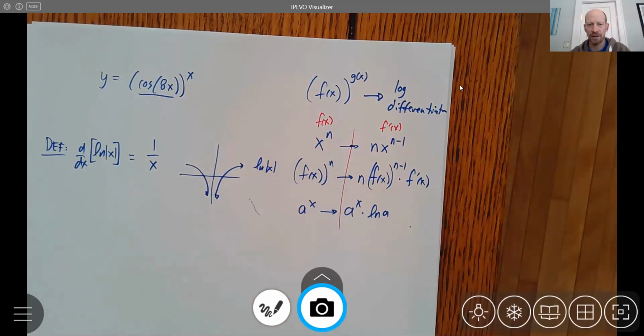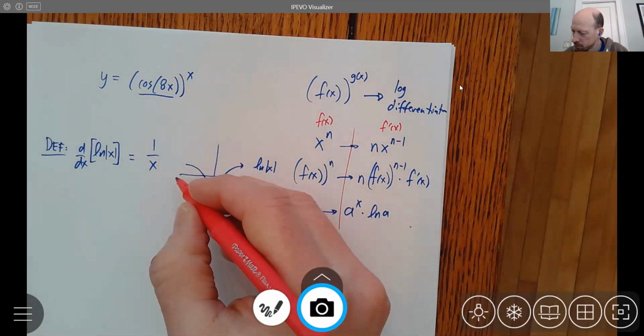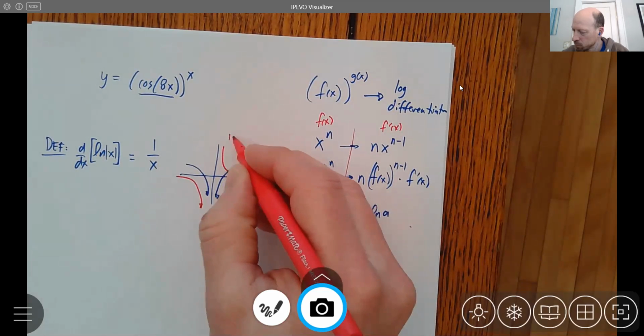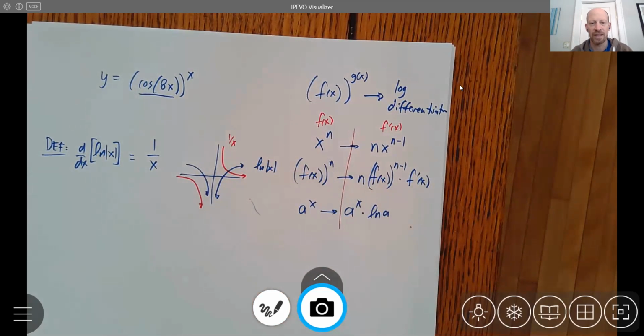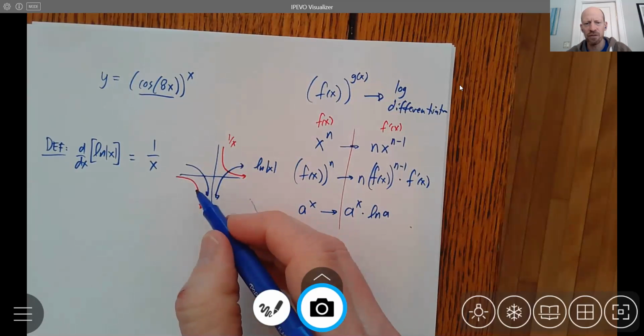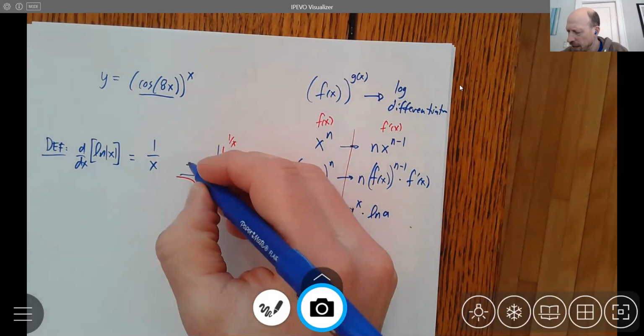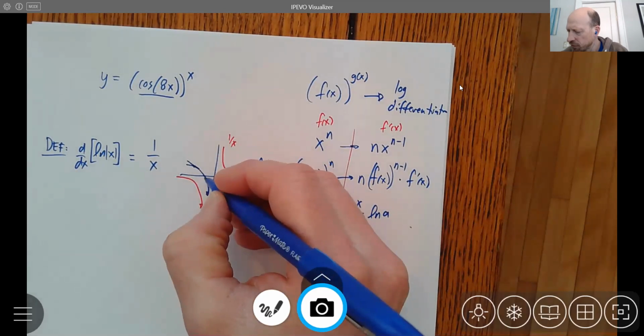And 1 over x looks like that. So let's just take a quick second to think about, does the red derivative match up with the blue original function? And I do that by thinking about tangent lines.